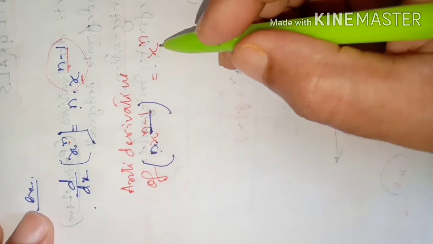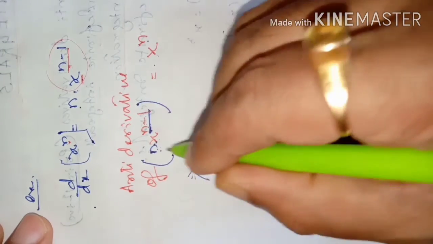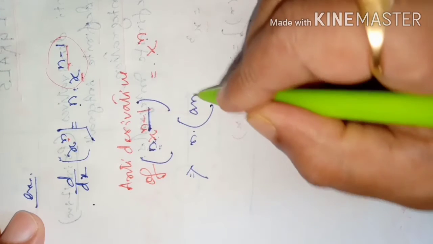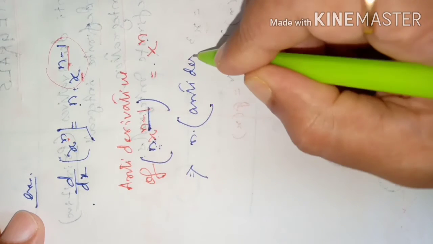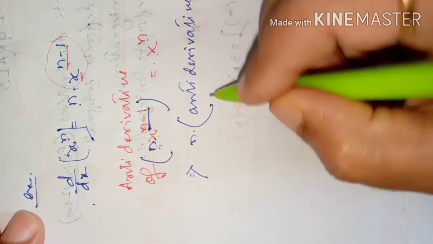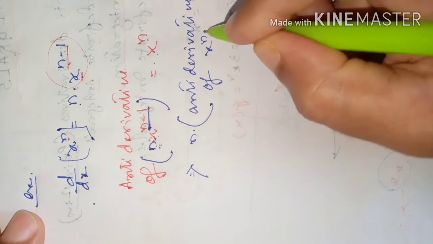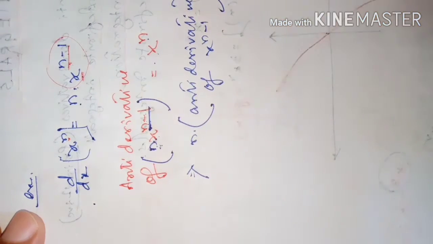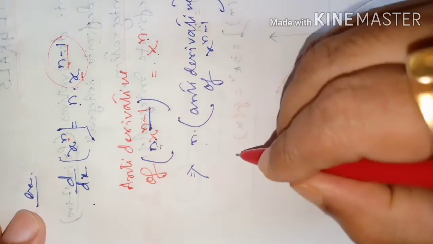If we take this n to that side, because it is a constant number, n into the antiderivative of x to the power of n minus 1 can be written as x to the power of n. Now this n, if we take to that side, it will go down there as a denominator.